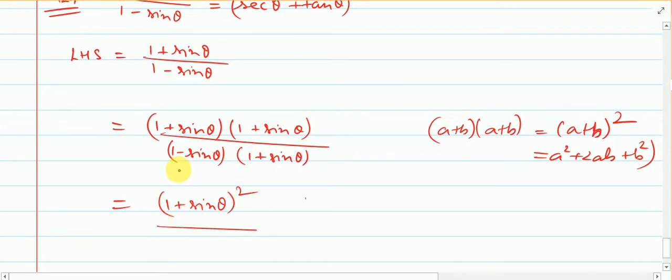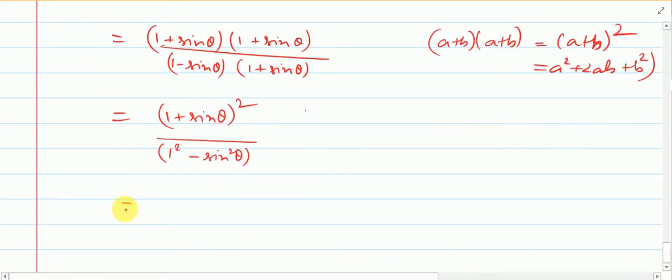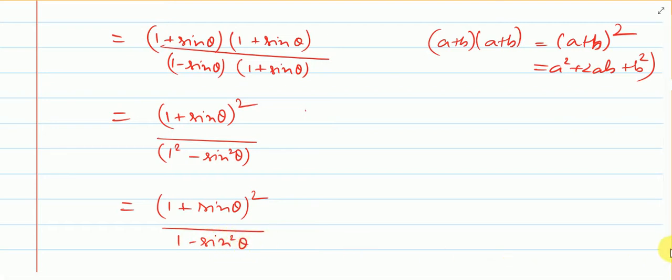And down, this is your a minus b, this is your a plus b. So we get 1 square minus sin square theta. So 1 plus sin theta whole square upon 1 minus sin square theta.